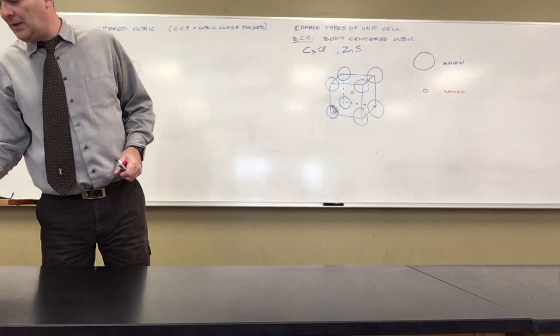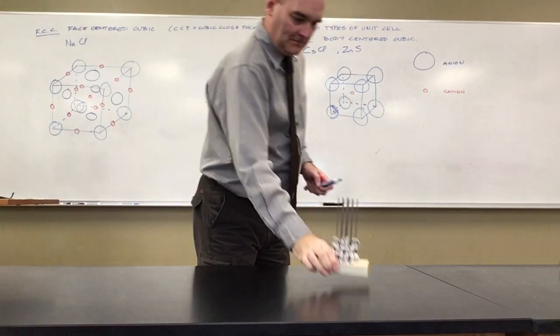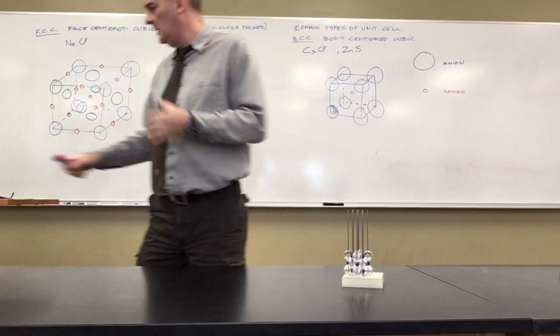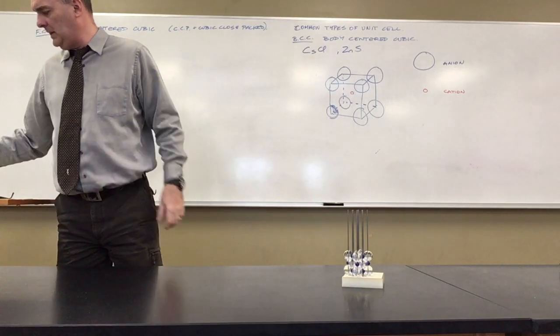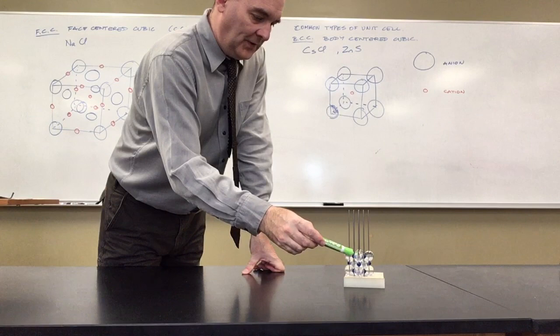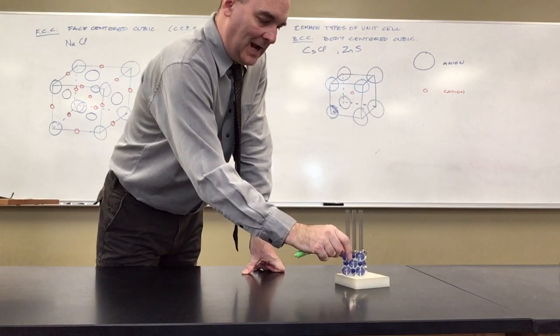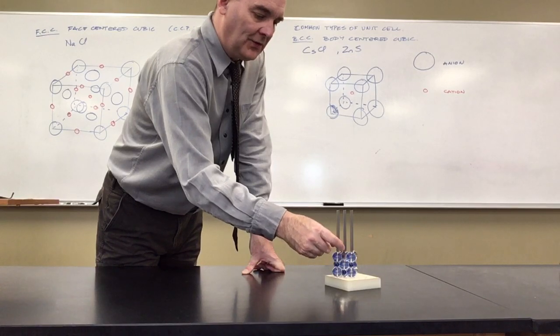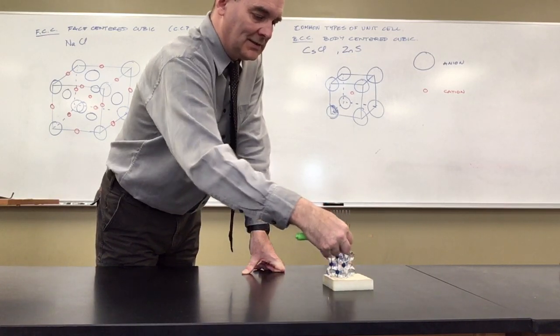Here's one that I made earlier. So what we have here are the big colorless spheres. Those represent anions. And the tiny little blue spheres, those are cations.